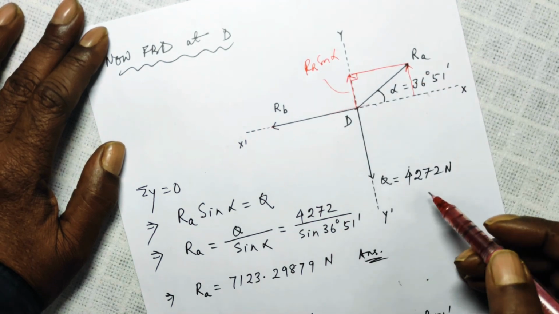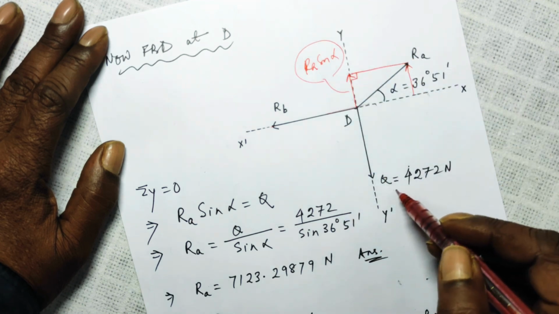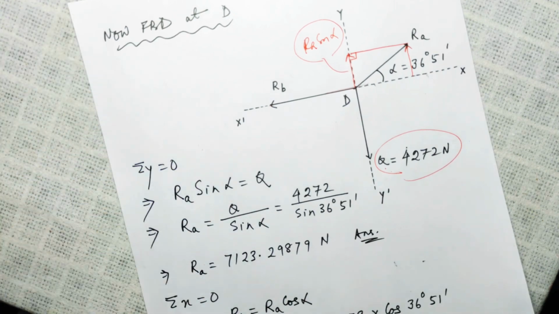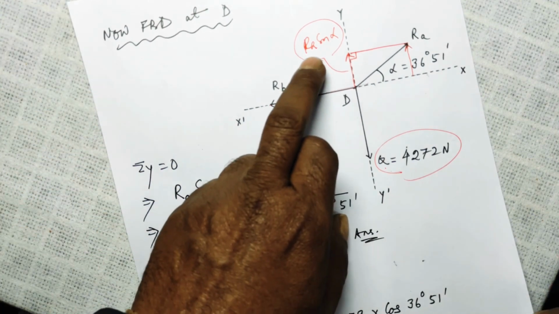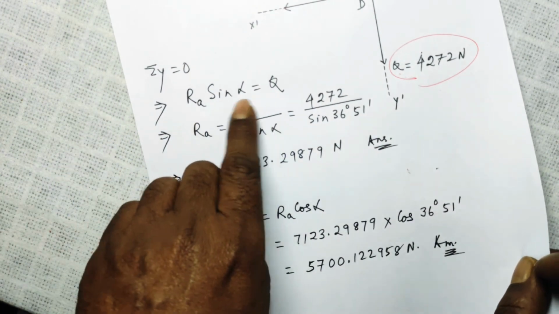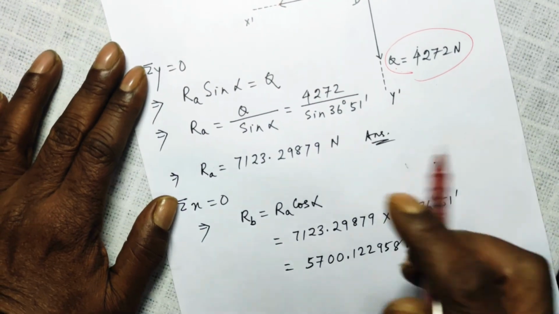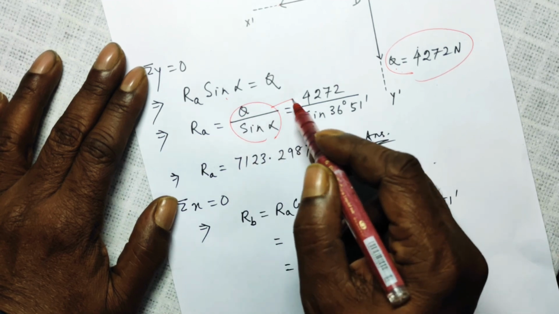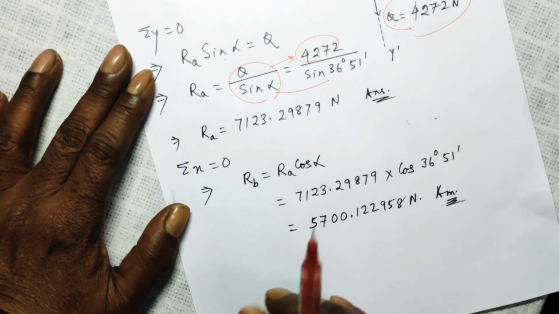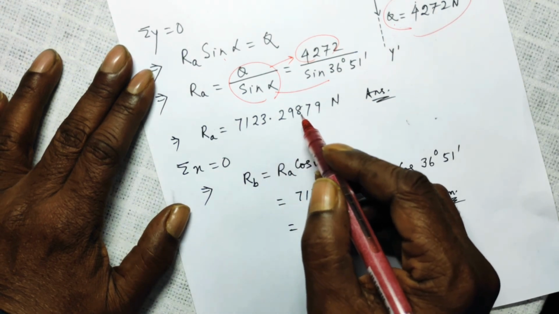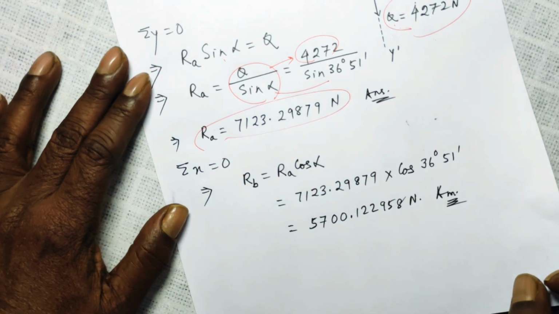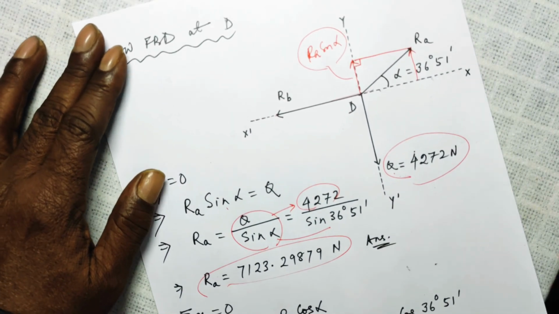And RA sine alpha is being opposed by Q. Since it is in equilibrium, the sum of the forces is 0, therefore RA sine alpha must be equal to Q. So sine alpha goes to the other side, put the value of Q since it is known, put the value of alpha. So your RA comes out to be 7123.29879 Newton. One answer.